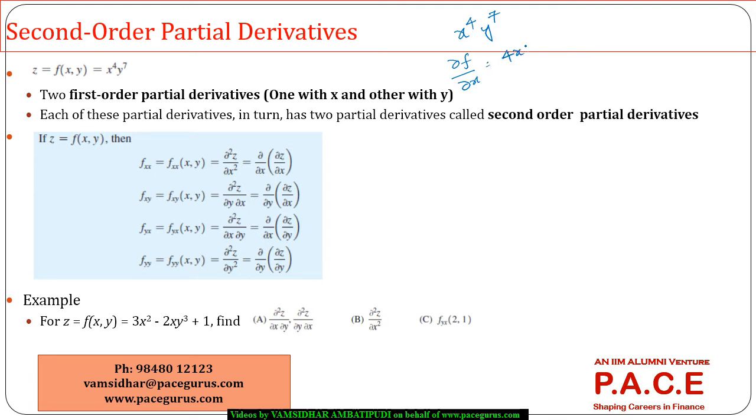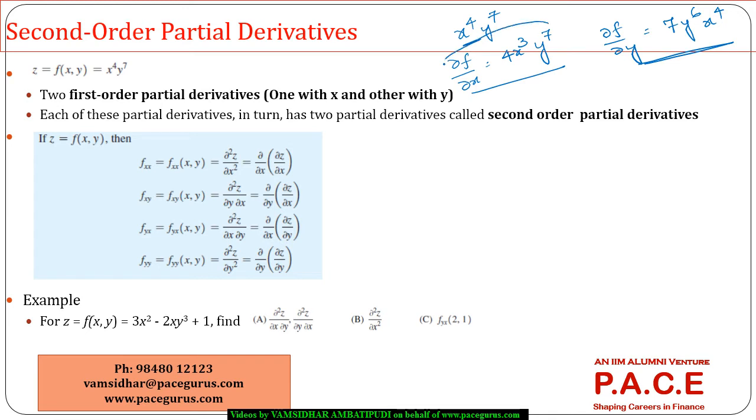So 4x cube. I'm taking the derivative of x, 4x cube y power 7. And if I take dou f by dou y, I keep x as constant. So I'll take the derivative of y power 7, which is 7 y power 6 x power 4. This is dou f by dou x. This is dou f by dou y.